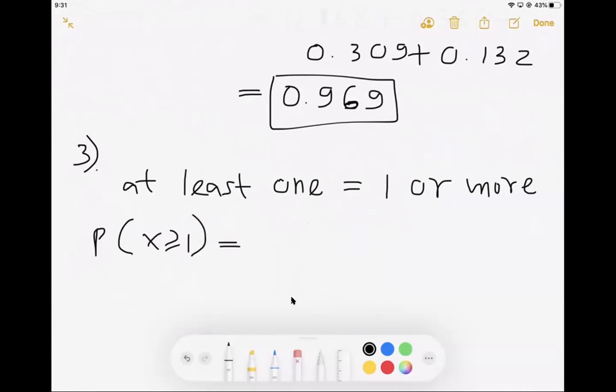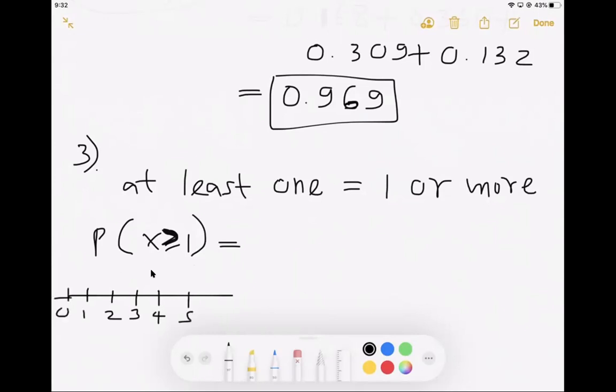Then in here we have 5 teenagers. So you have to write what? How many x values? X is equals to 1, 2, 3, 4, 5. You have to add 5 probability values.